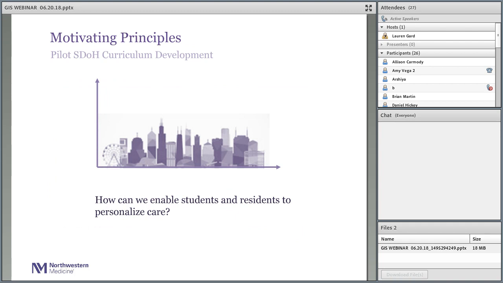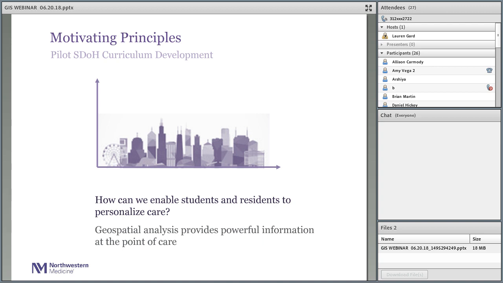So we're trying to, like we talked about before, work towards a higher level of thinking and skill, where we're not just identifying or discussing social determinants of health with our patients, but actually moving towards addressing them. And we think that geospatial analysis provides an opportunity to help us do that.